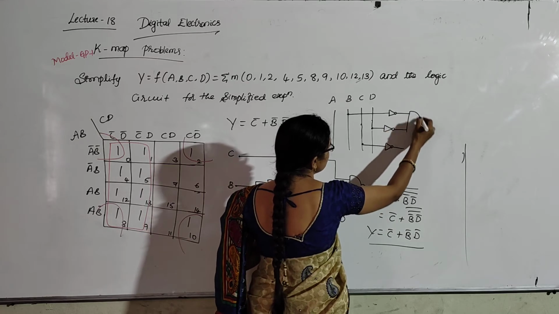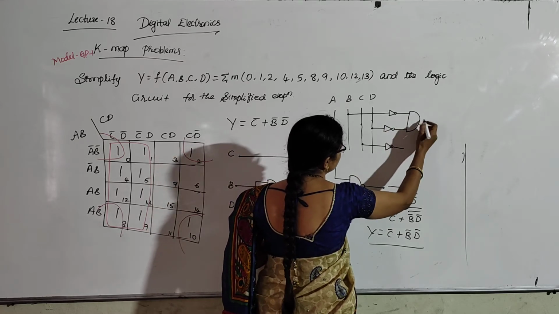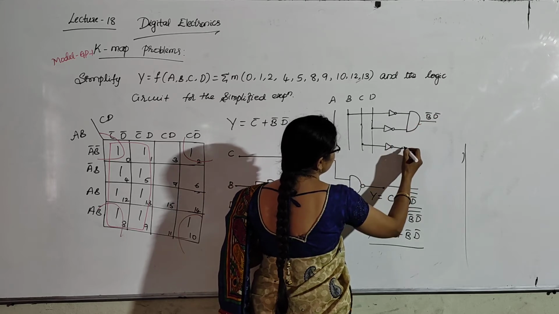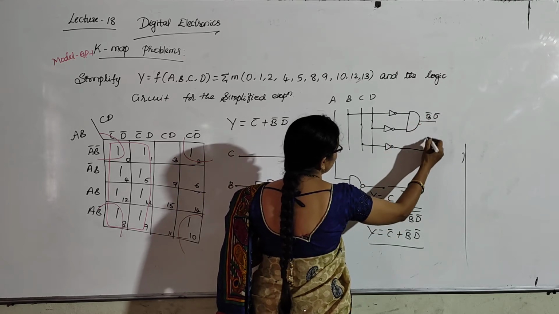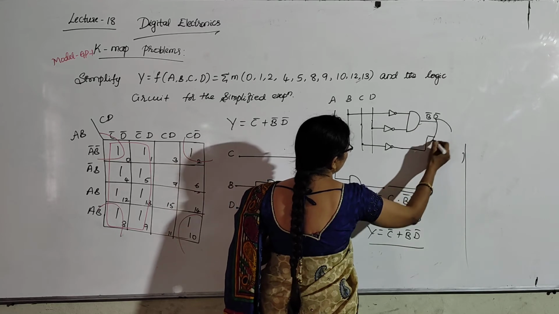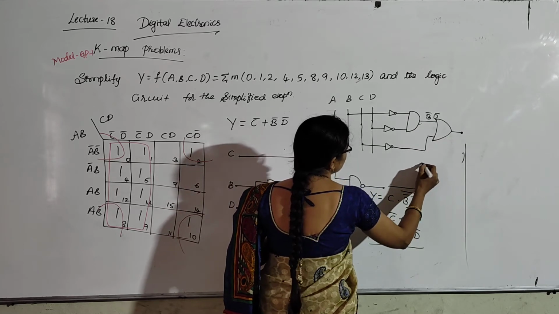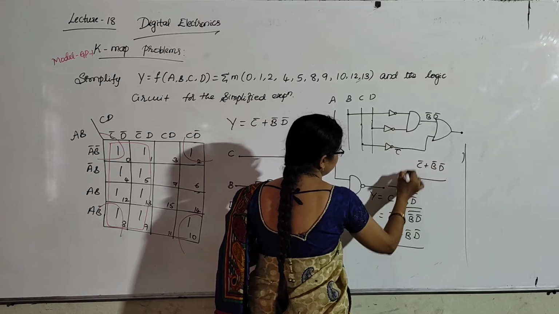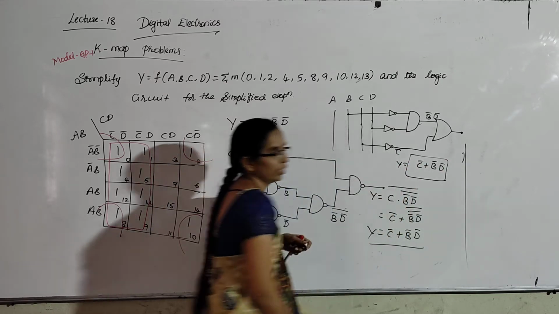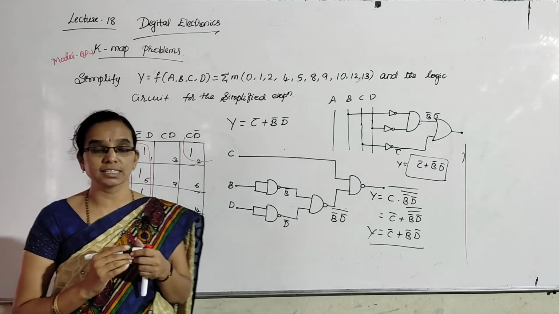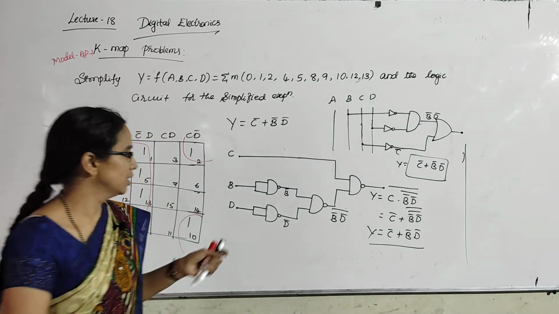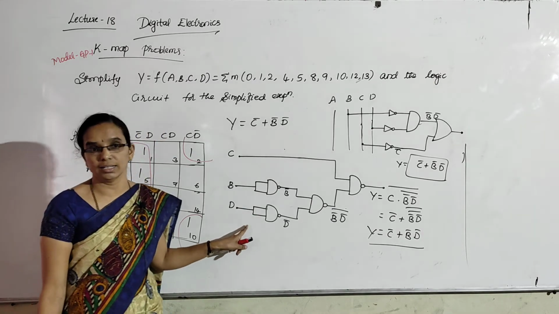If these two are ANDed, B bar D bar, if it is given to the OR gate, you will get C bar plus B bar D bar. This is what we wanted. Using basic gates, in the sense using AND, OR and NOT gates, instead of only NAND gates.